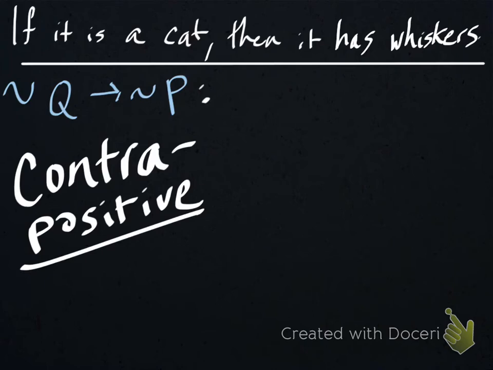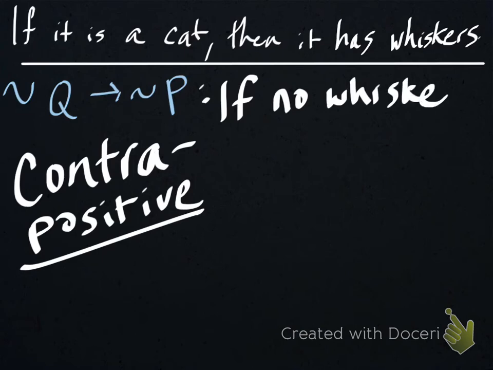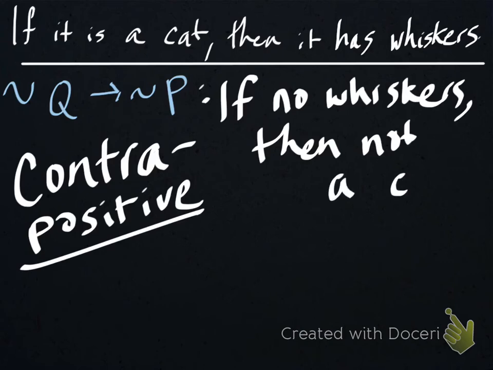We're switching the order, Q and P, and we're also negating. So this would read, again abbreviated, if no whiskers, then not a cat.